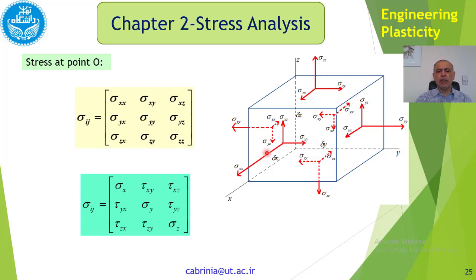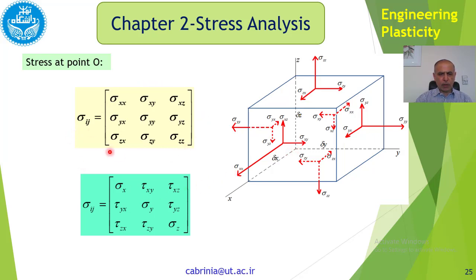Obviously we have only 9 components, but some of these components are negative and positive in different directions. For instance, that in the z direction is positive, this one is negative, and so on. So that's why we have many components here, but in fact there are only 9 of them.